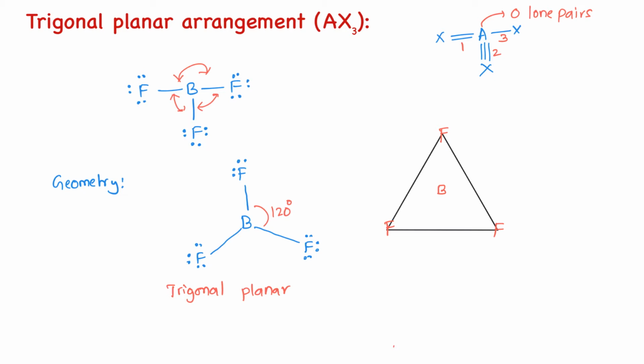Note that all the atoms in the molecule are on the same plane, that is, this molecule is planar. A few more examples of molecules of type AX3 are BF3, SO3, NO3-, etc.